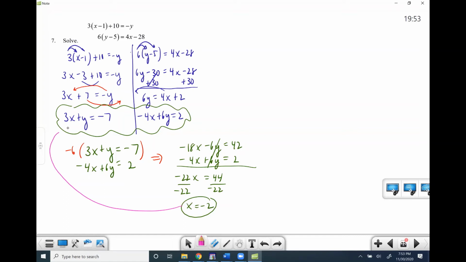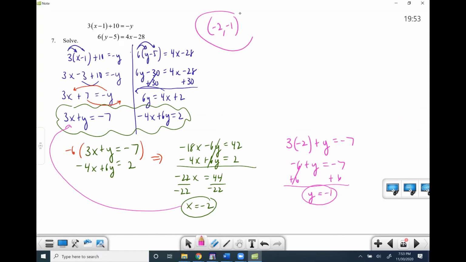So we're going to take them back right here. 3x, which is -2, plus y equals -7. There it is. It doesn't actually matter which one you plug them into. You can plug them into either one. You'll get the same answer, so don't stress too much about it.